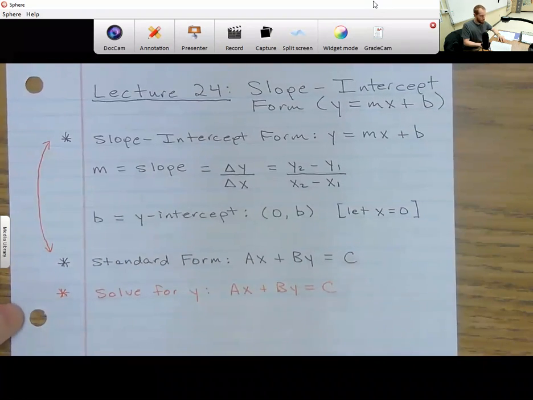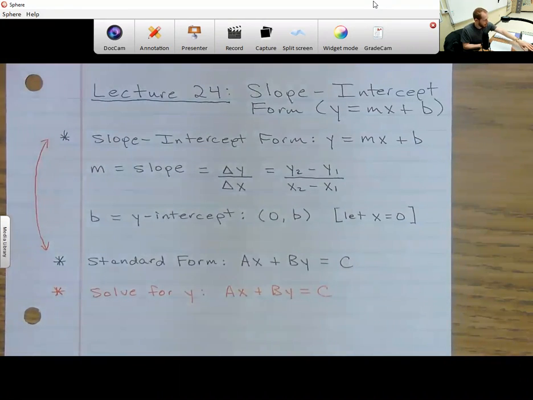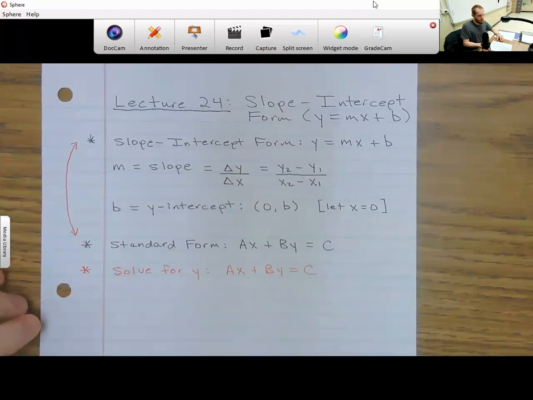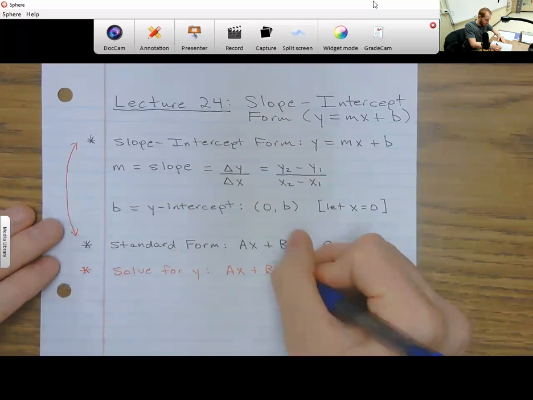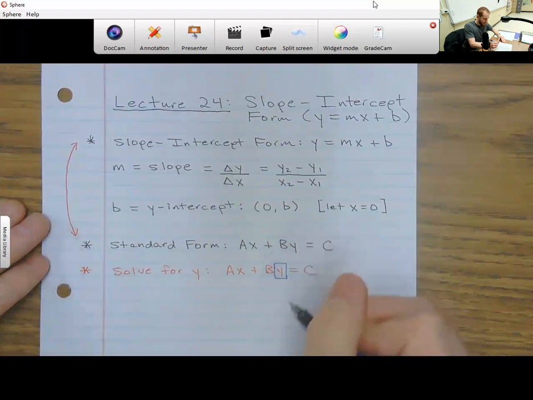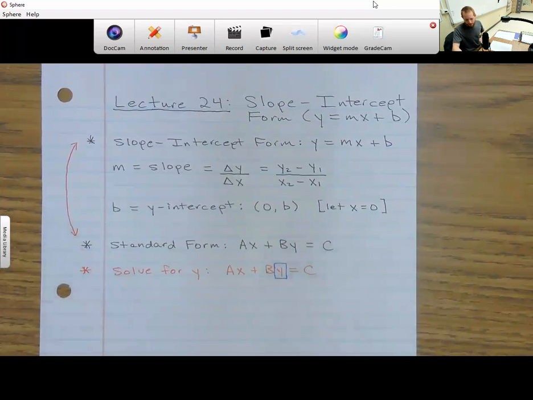How do we do this? Well, I'm going to zoom out a little bit so you can see everything. Basically, I'm trying to get this variable right here by itself. So I'm going to get everything else over to the right side where the c is.